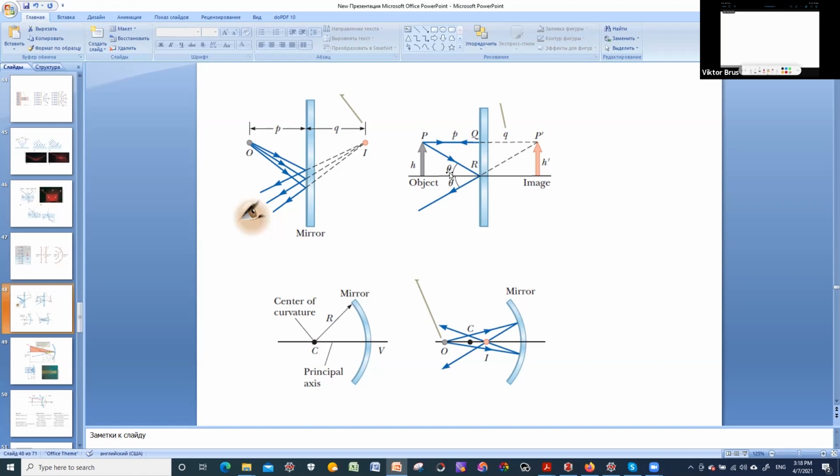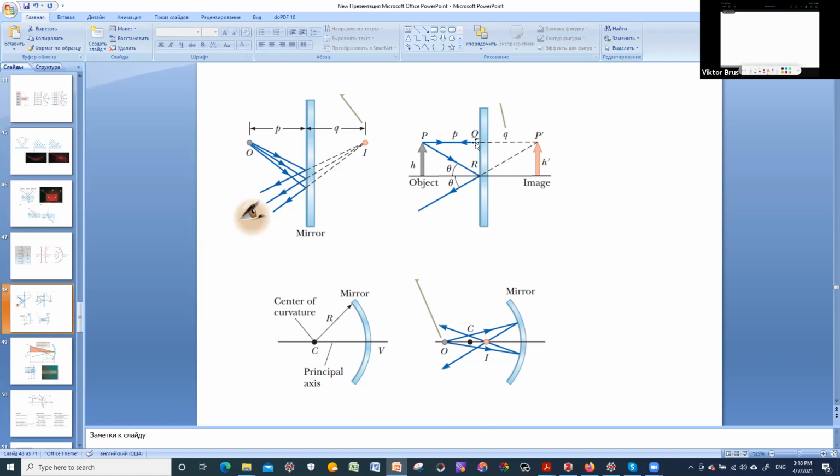some angle theta. So the first ray, which goes perpendicularly, will be reflected backwards. So we have an incident ray and a reflected ray. The other ray will be reflected according to the rule of reflection of light rays. These angles will be equal. So we know at which angle the reflected ray will be going.